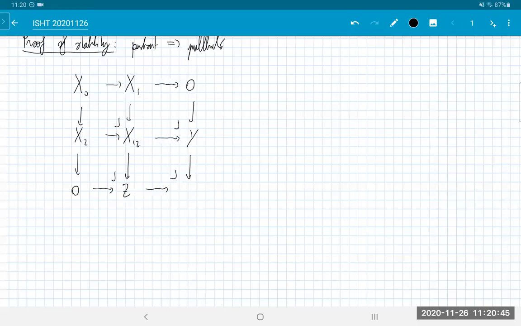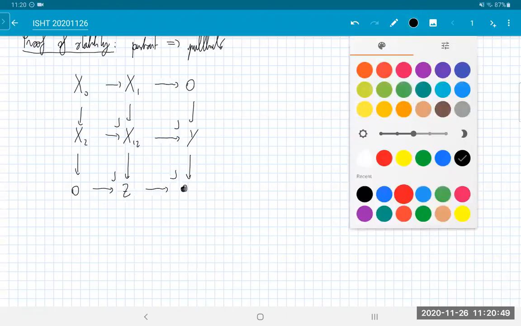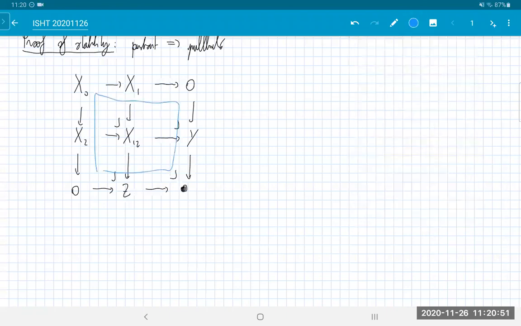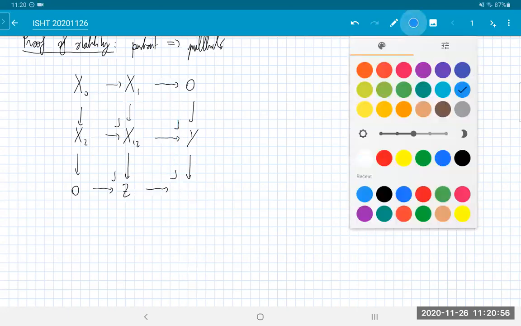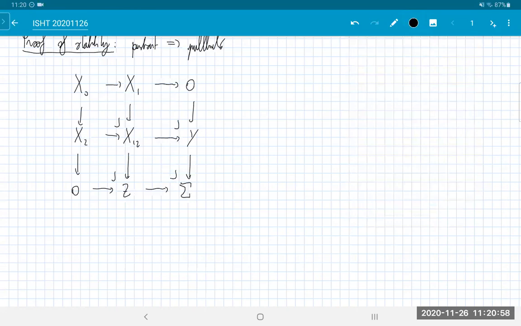Well, if you take the push-out here, also this big square here is going to be a push-out. So this guy has a name, this name is going to be sigma x0. Okay, let's play this trick again.